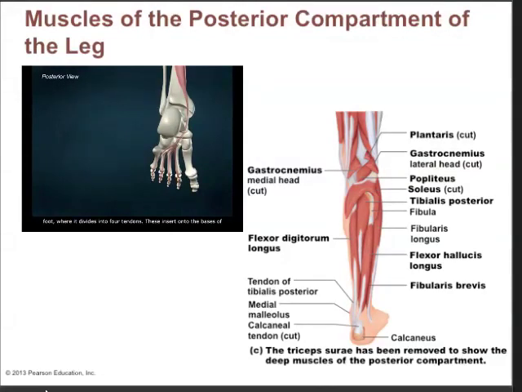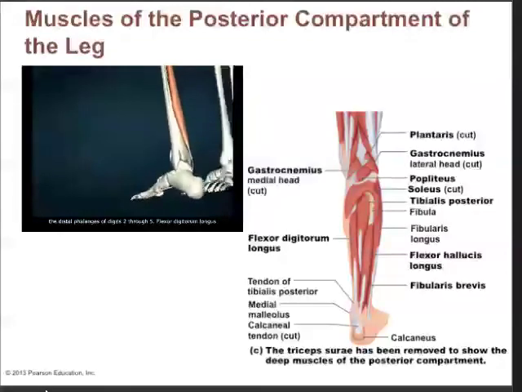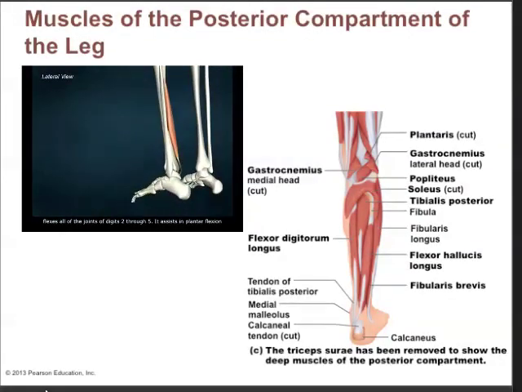These insert onto the bases of the distal phalanges of digits 2 through 5. Flexor digitorum longus flexes all of the joints of digits 2 through 5. It assists in plantar flexion of the foot at the ankle and inversion of the foot. It is innervated by the tibial nerve.